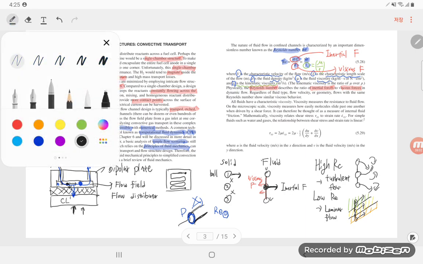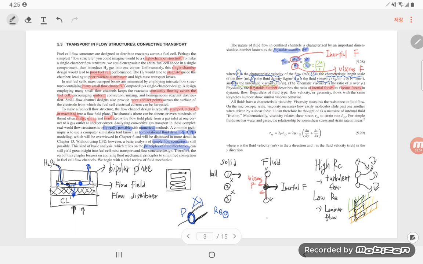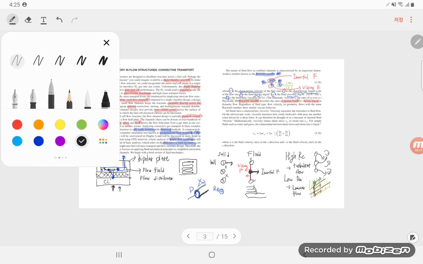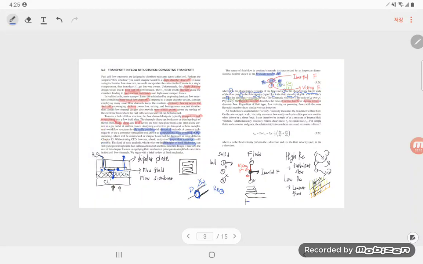And for the external flow, here the characteristic length is only the length of this one, L. So we denote this one as Re_L.